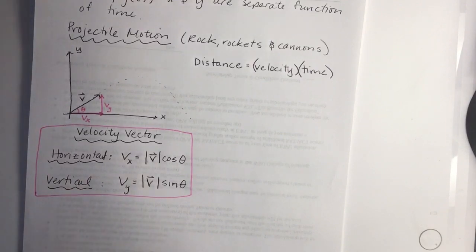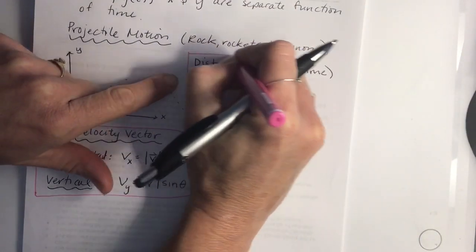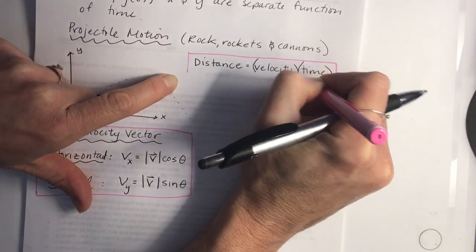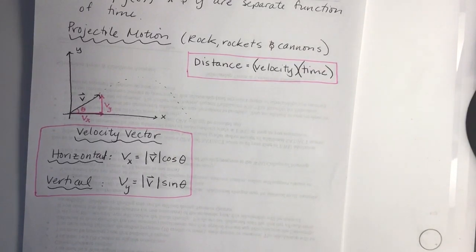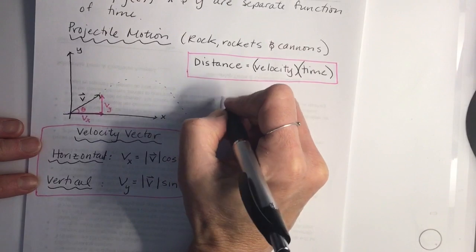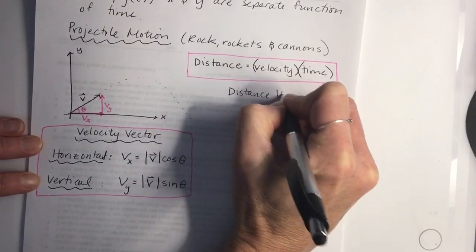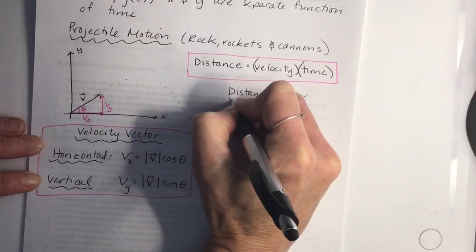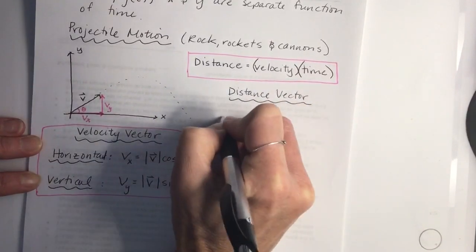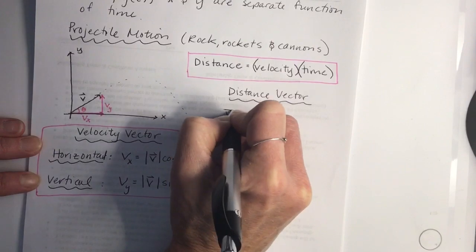And so this leads us right into the vectors for distance. Distance is equal to velocity times time, right? So our x component, or our x distance vector, the horizontal, is going to be x.